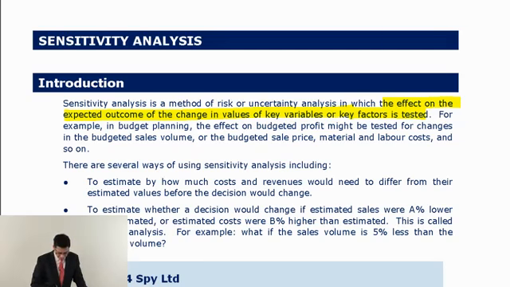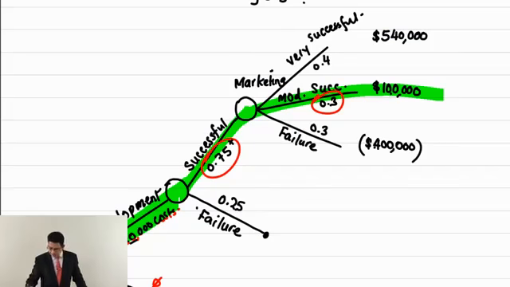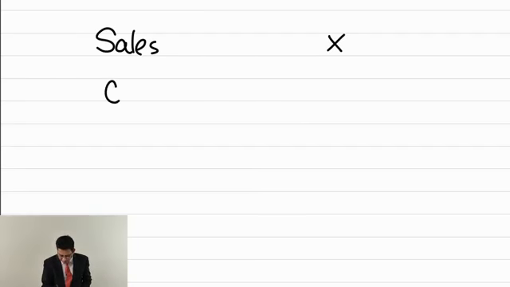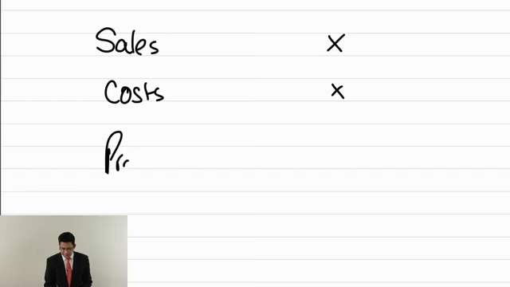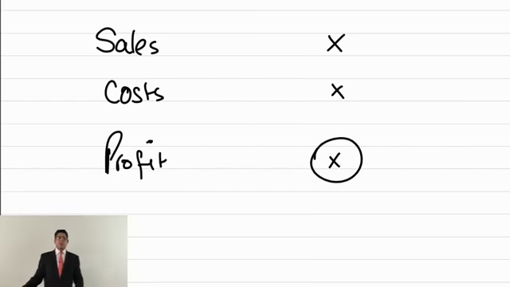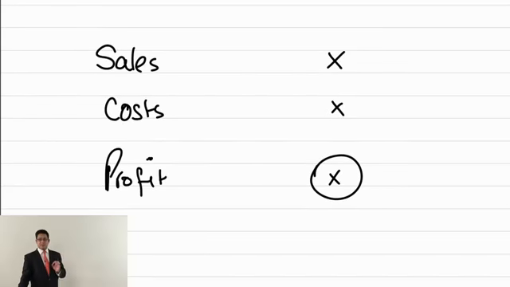If I just give you a little example, you will understand it quite well. For example, we know profit is the difference between sales and costs, very different types of costs, and we end up with profit. Now this profit is a key variable.